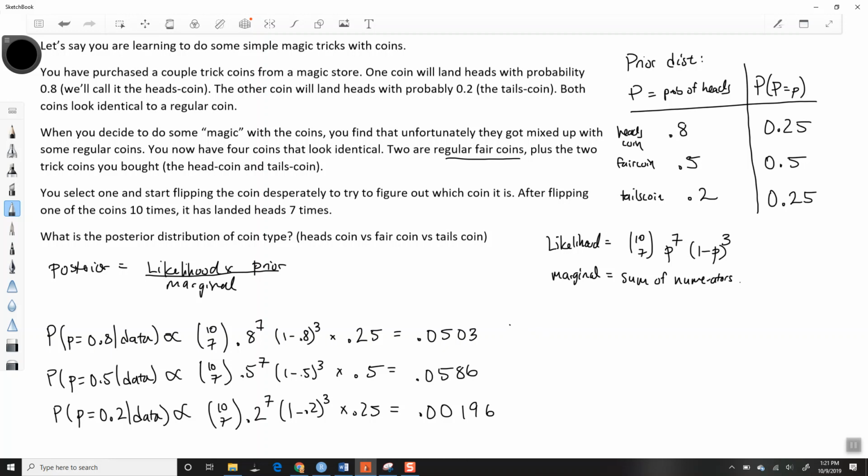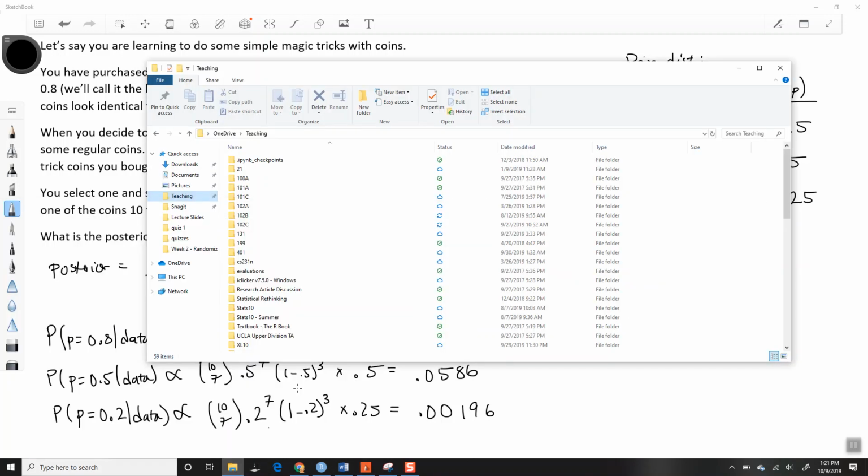Okay, great. So that's what we have. We're going to sum these. The sum will be our marginal. So our marginal will equal whatever this sums up to be. I want to pull up my calculator.